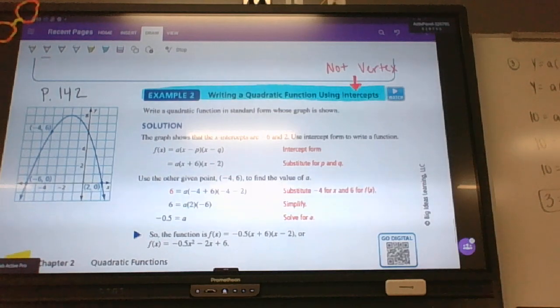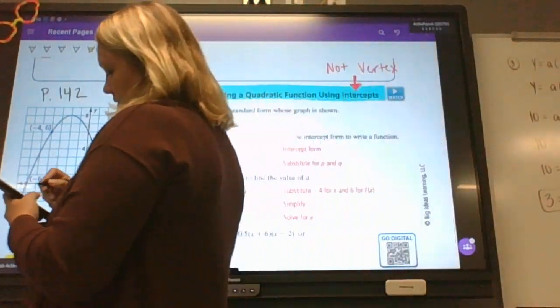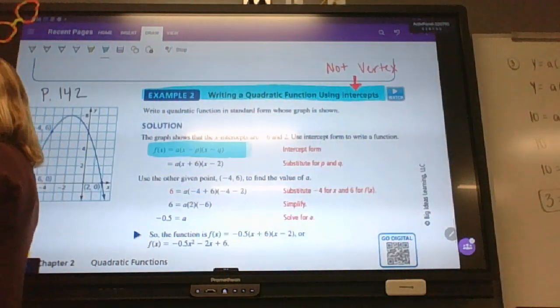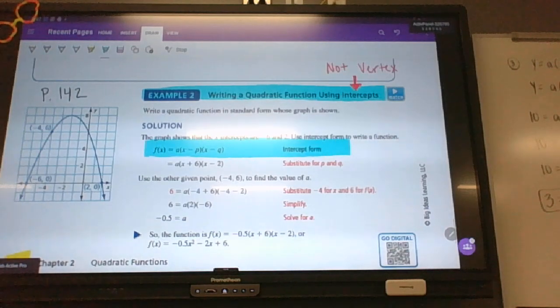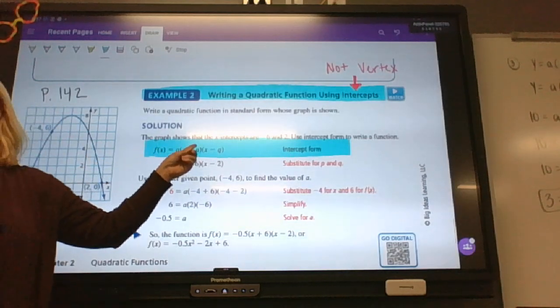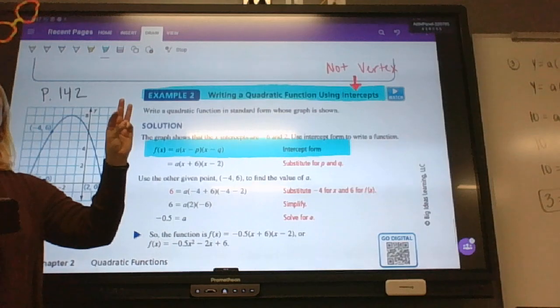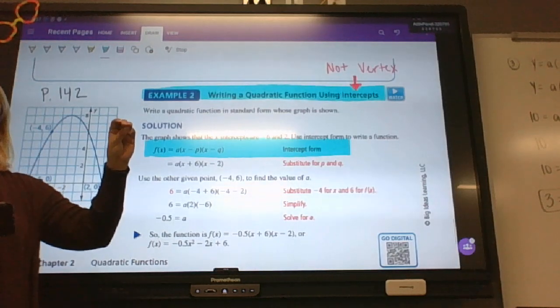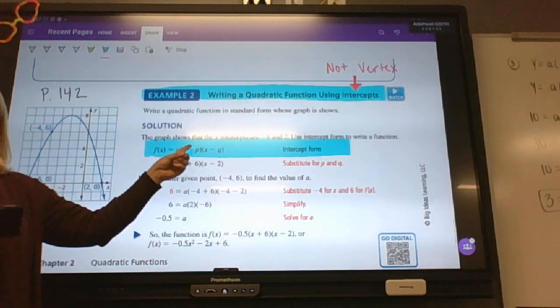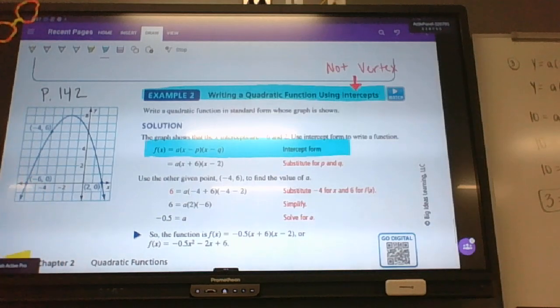Vertex form is helpful when you have a vertex. Instead, we're going to start with what's called intercept form. This is our first time using intercept form, though you did write it down on Monday. You wrote down 3 forms on Monday: standard form, vertex form, and intercept form.